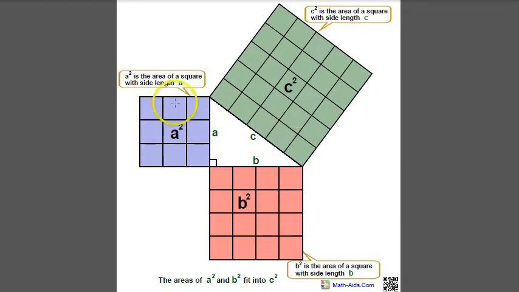Again, 9, which is 3 times 3, or the square of leg A, plus 16, which is the square of leg B, leads us to 25, which is the area of the square of C squared, which is the hypotenuse. Now, we're never looking for the area of the square. Usually we're just looking for the length of a side, and that's what our objective calls for us to do.